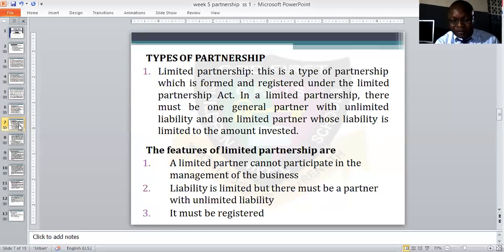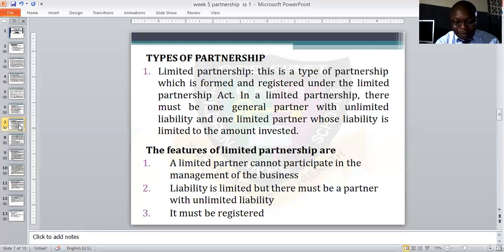Let us look at the features of limited partnership. A limited partner cannot participate in the management, in running the activities of the business, or in organizing and planning. So you cannot be part of the management of the business.